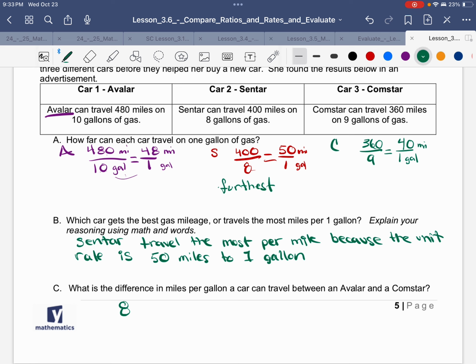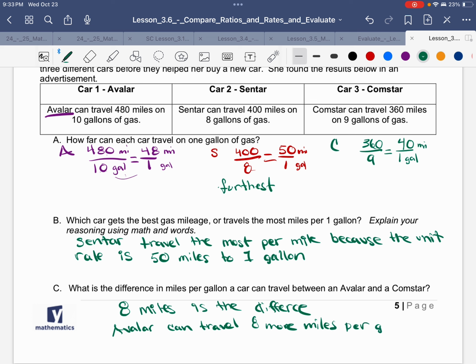Sorry about that. 8 miles is the difference. You could also say Avalar can travel 8 more miles per gallon. There you go. Let's keep it moving.